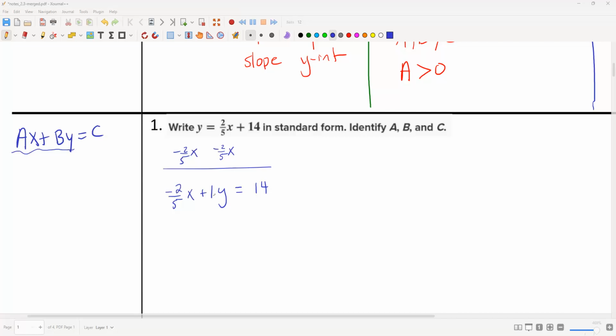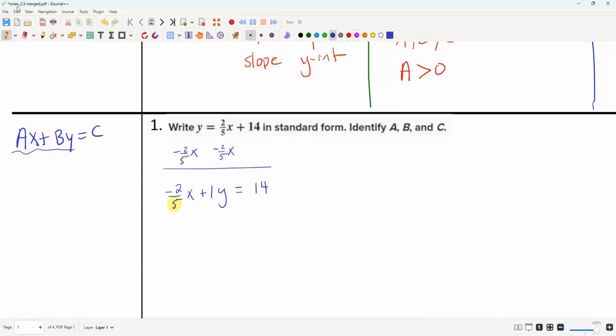The next thing I want to do is, remember, standard form has to have no fractions for coefficients, and you can see we do have a fraction here. We have 2/5, so there's a fraction there, and we just want integers. So how am I going to get rid of that 5?